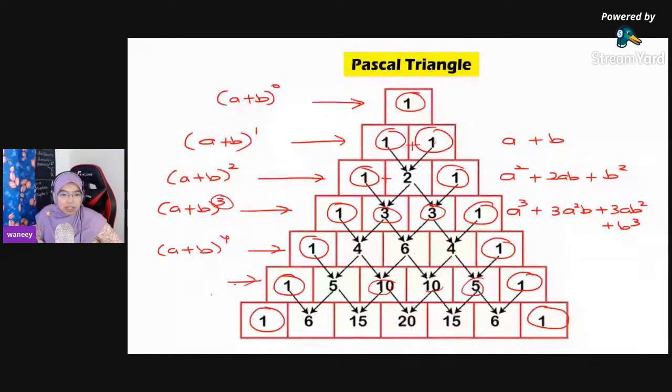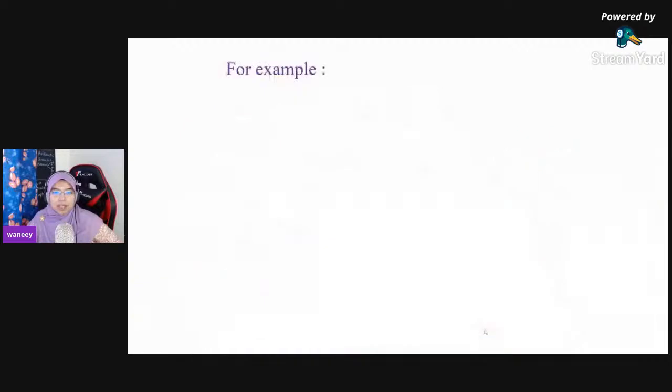So this is only up until (a plus b) to the power of 6. Of course, you can actually expand them until (a plus b) to the power of 10 or any power that you want. For example, the fifth line of the Pascal triangle is 1, 5, 10, 10, 5, 1.